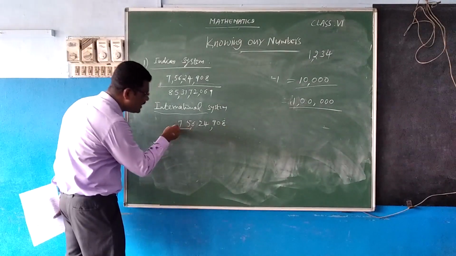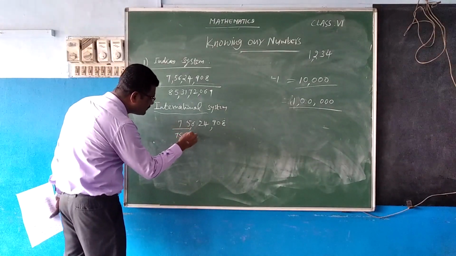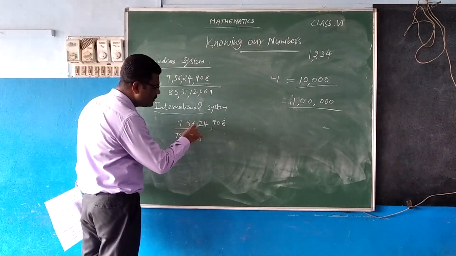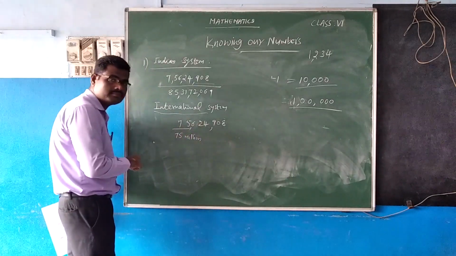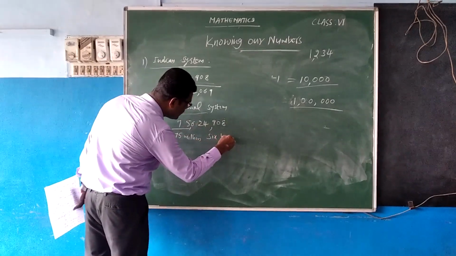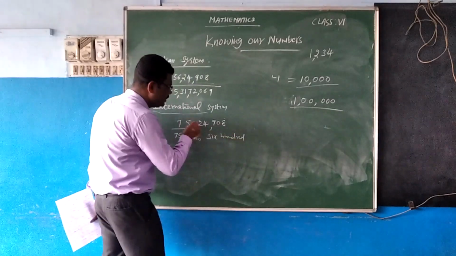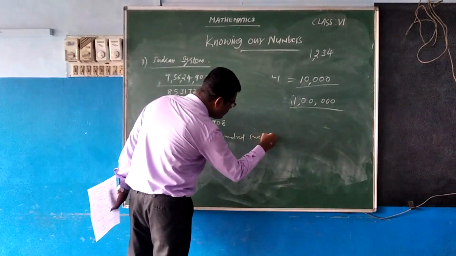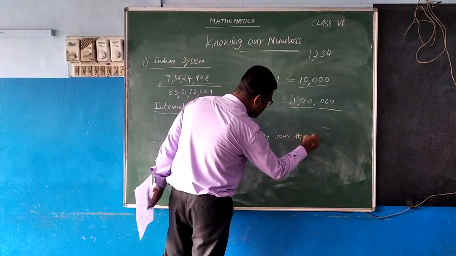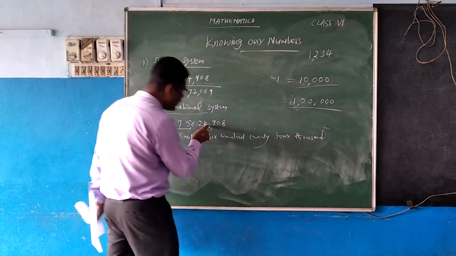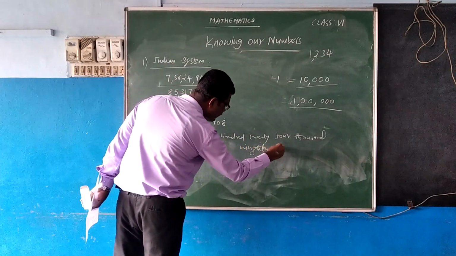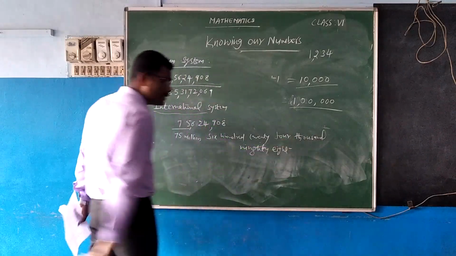This is read as 75 million 624,009. Sorry, 908. Got it?